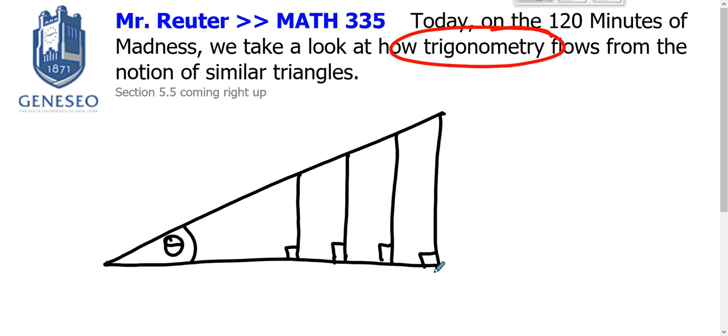We call that ratio tangent theta. The ratio of this to that, that's sine theta. So the whole idea of trigonometry flows from the fact that we have similar triangles.